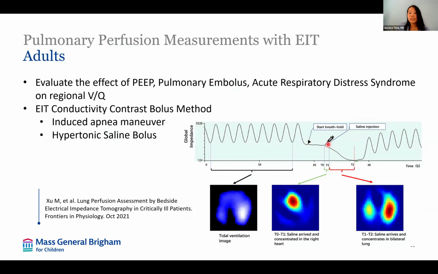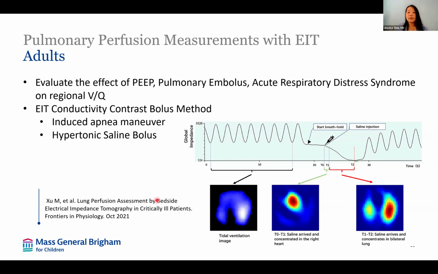And then they inject the hypertonic saline bolus so that it really lights up with that osmolality change, so you can see the change in impedance showing the distribution in the lung for pulmonary perfusion. And then they restart the mechanical breaths.